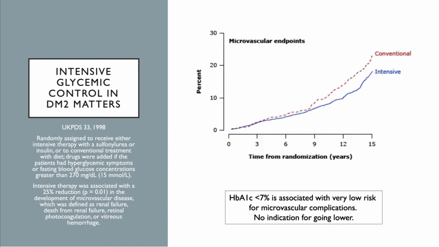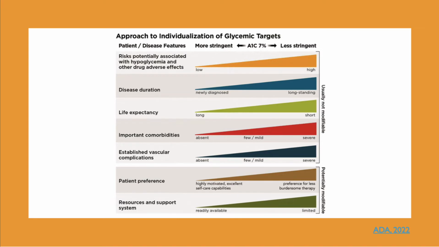Now, do we stop at 7% now? No. Sometimes we want tighter control. On the left side of this image are the people who we want to be more stringent with, the ones whose blood sugar we want to control more aggressively. So patients who are newly diagnosed, who have a long life expectancy, right?